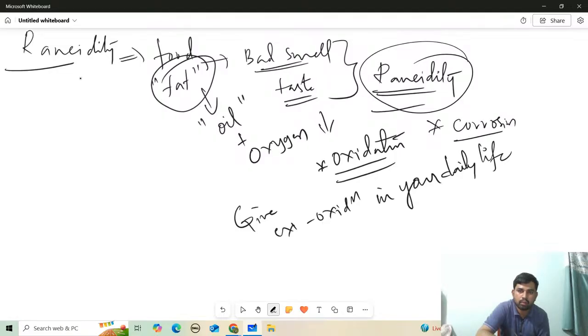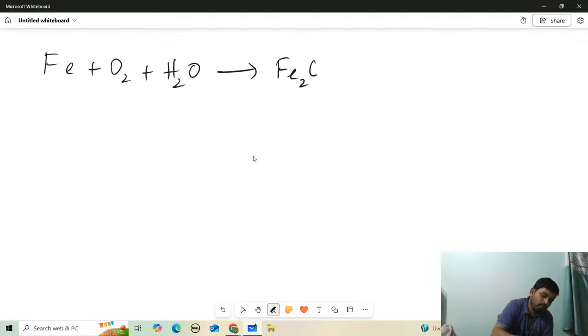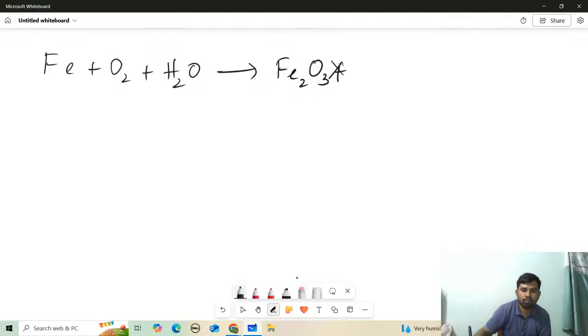Corrosion, just remember, iron reacts with atmospheric oxygen in the presence of moisture. It forms Fe2O3 dot X H2O.